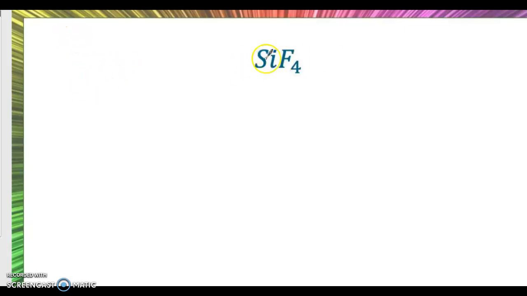So when we are drawing dot structures or structural formulas or Lewis structures, whatever you want to call them, what we are doing is drawing the connections between the atoms in a compound. So here I've got silicon and I've got fluorine. The name of this would be silicon tetrafluoride.